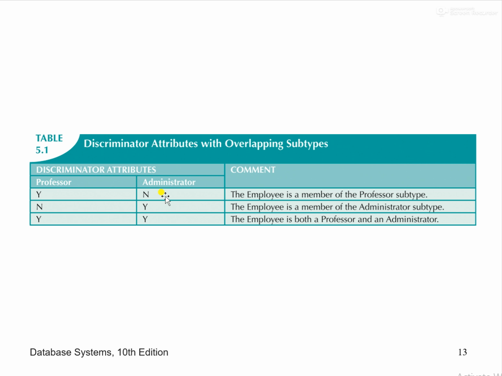If professor yes and admin no, it means employee is a member of the professor subtype. But if professor no, admin yes, it means employee is a member of the administrator subtype. And if it is yes for both, professor yes, administrator yes, it means employee is both a professor and administrator, which shows that it has an overlapping subtype.